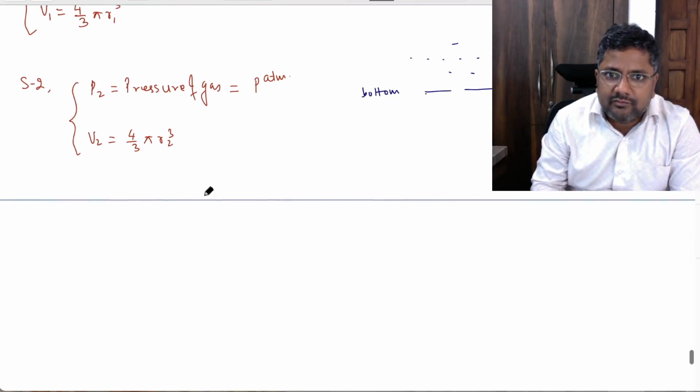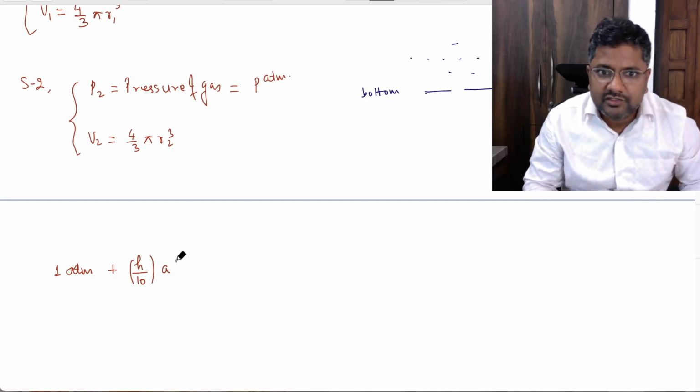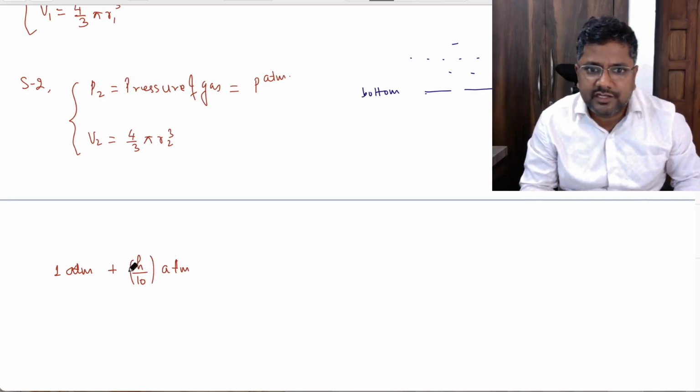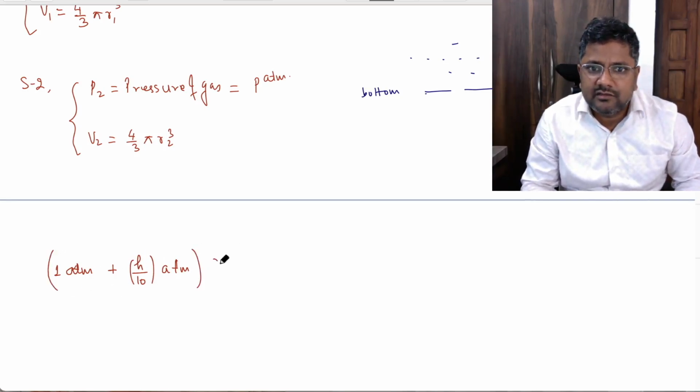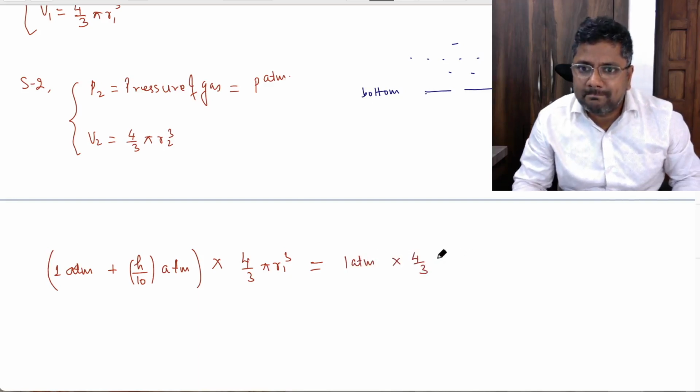P1 is the atmospheric pressure 1 atm plus h by 10 atm, because 10 meters of water column is equal to 1 atm, so h meters is equal to h by 10 atm. So P1 into 4 by 3 pi r1 cube is equal to 1 atm into 4 by 3 pi r2 cube.